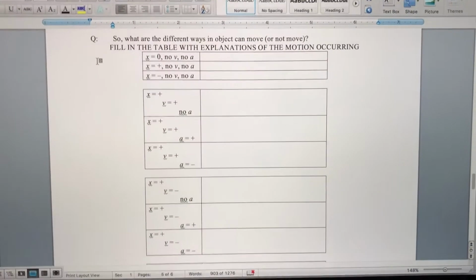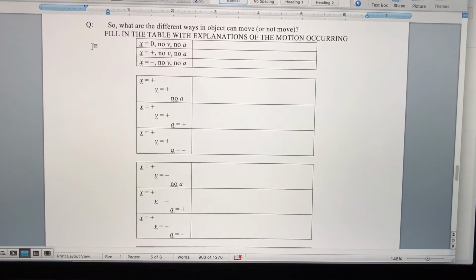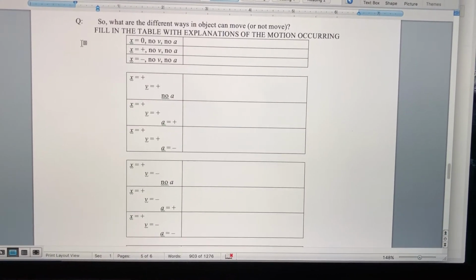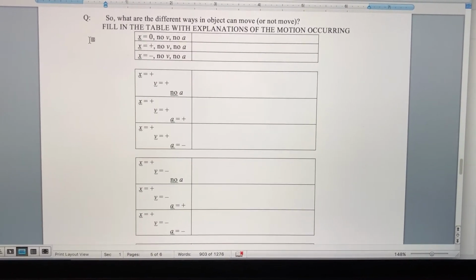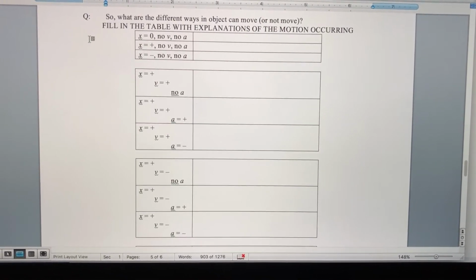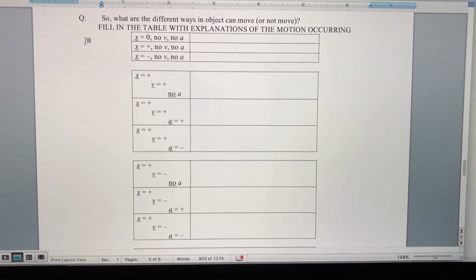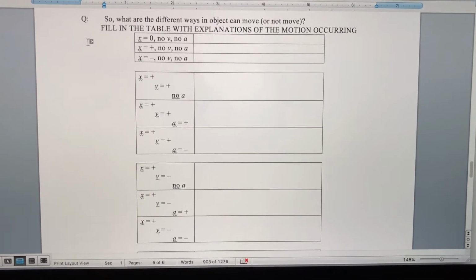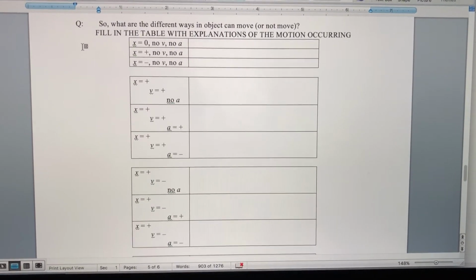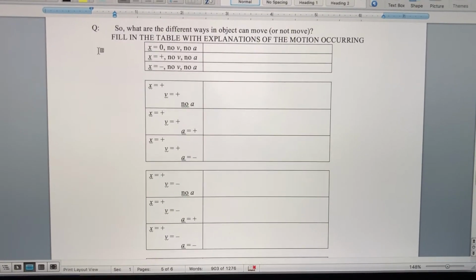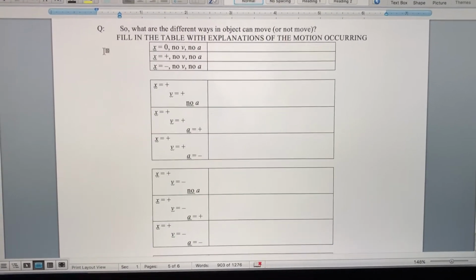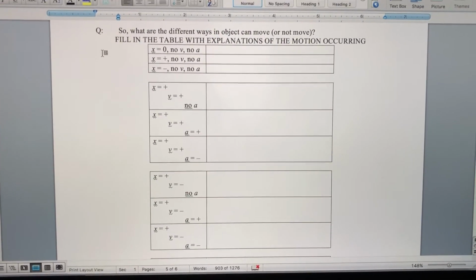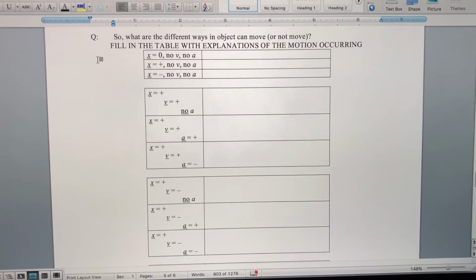And the idea is for you to tell me all the different things you can about the motion the object is experiencing in each of those. So pause the video, put the phone aside, and work on that for 5-10 minutes. Do as much as you can, and then come back and watch the solutions.